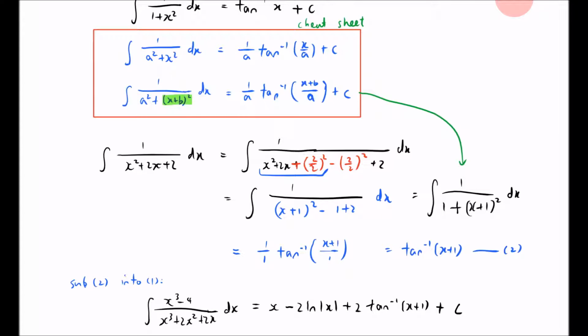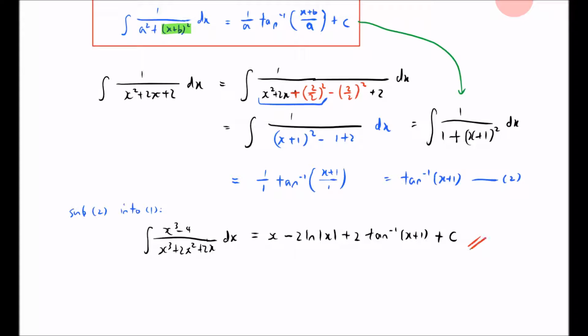Okay, so this is your c. So finally we finish the question.